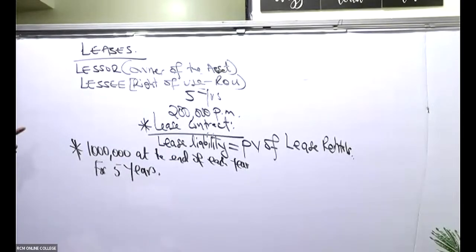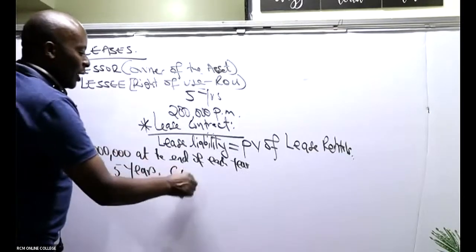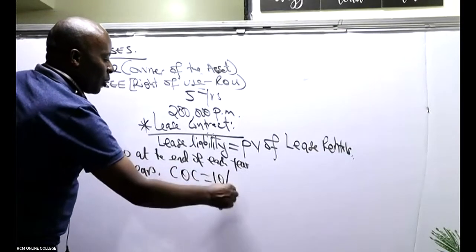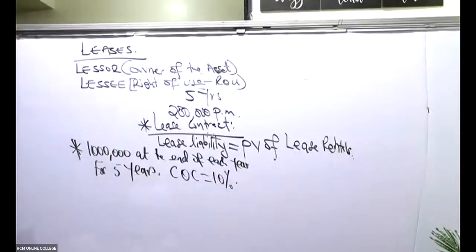In this case, the lease rental is 1 million shillings every year, at the end of each year, for 5 years. And then they have given us the COC, the cost of capital, as 10%.